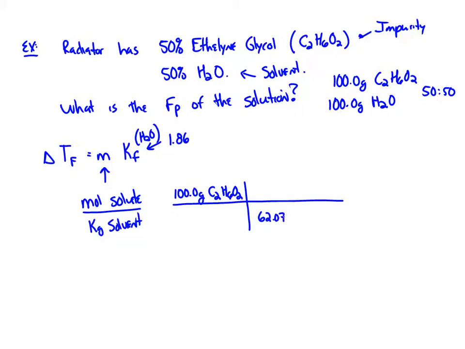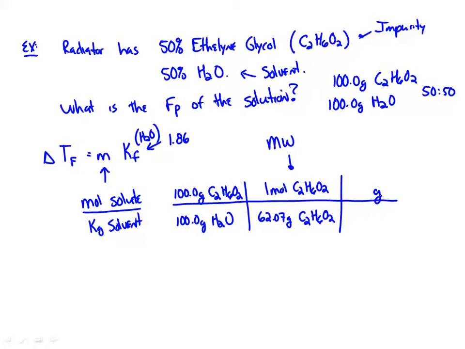Yeah, 62.07 grams of C2H6O2 is 1 mole of C2H6O2. So this is just the molecular weight of our ethylene glycol. And since I want kilograms of solvent on the bottom, that means I can start with my 100 grams of H2O on the bottom. And for that, I just need to convert from grams to kilograms. And so we know that 1 kilogram is 1,000 grams.